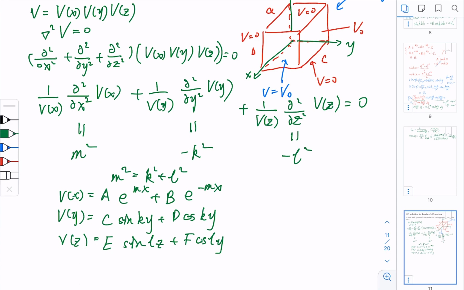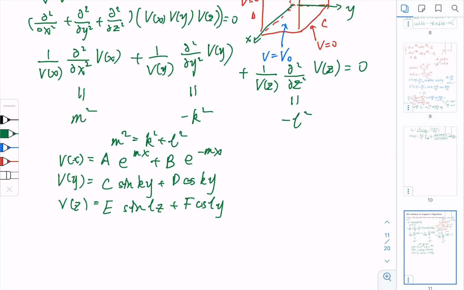Now the general solution of this should simply be a product of Vx, Vy, and Vz.